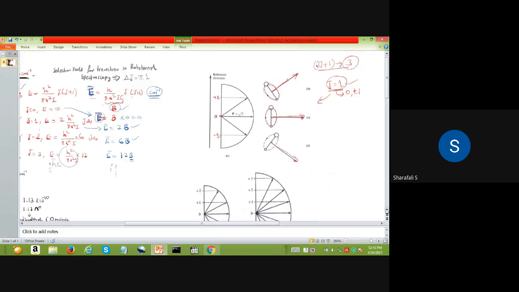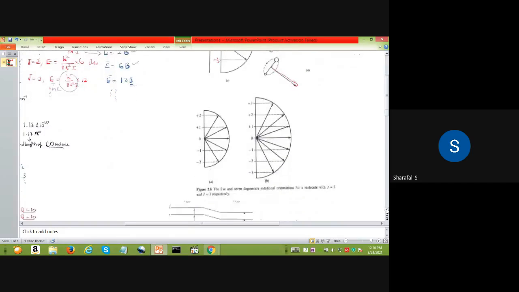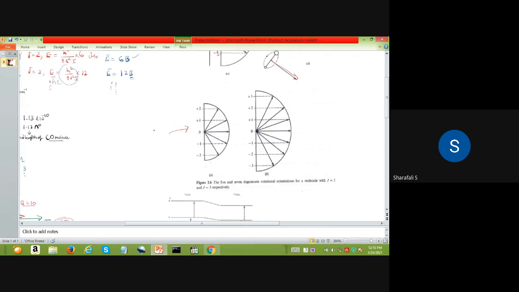Similarly, you can find out the other possible degeneracies for different states. For example, in this case we have j equal to 2. That will have states 0, plus or minus 1, and plus or minus 2. That gives you the projection of the angular momentum on a particular axis, for example this axis, and the projection will give you different values: 0, plus or minus 1, plus or minus 2.